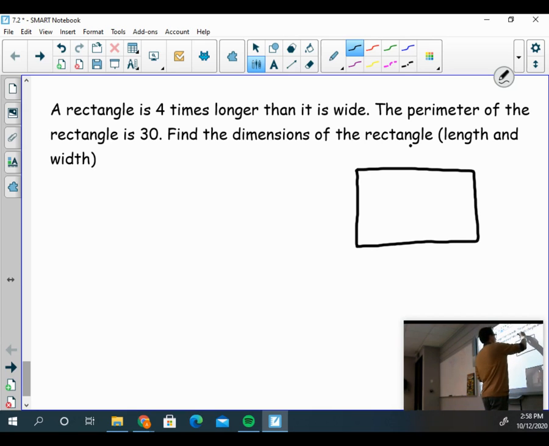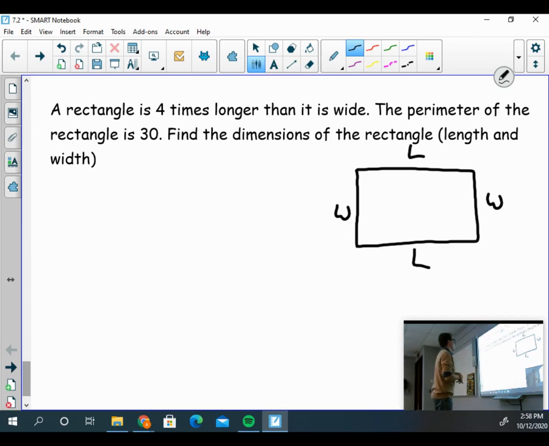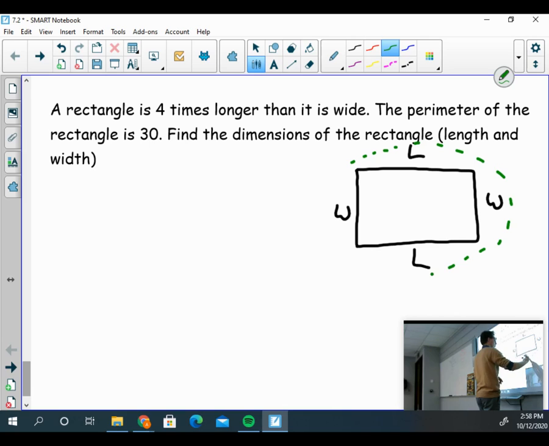Well, to me that says that the length, just in drawing my picture, is going to be bigger than the width. And the perimeter of the rectangle is 30. So all of this rectangle, all the sides are going to add up to be 30. Okay?